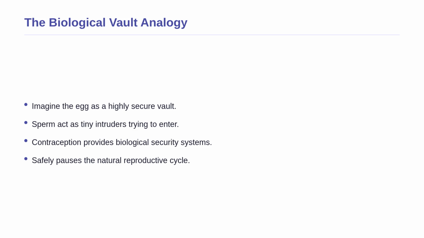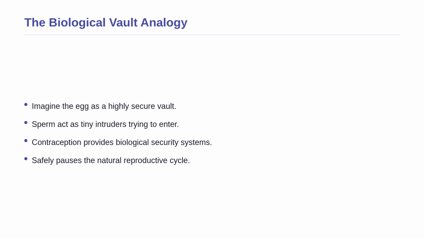To begin our journey, imagine a highly secure vault that opens only once a month. This vault represents the female egg. Now, imagine a team of tiny intruders, the sperm, trying to get inside. To protect the vault, you could build a physical wall, change the locks, or make the environment completely inhospitable.